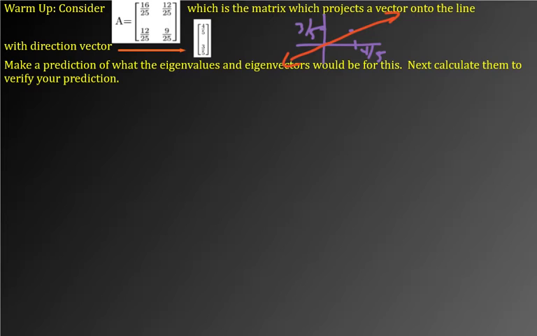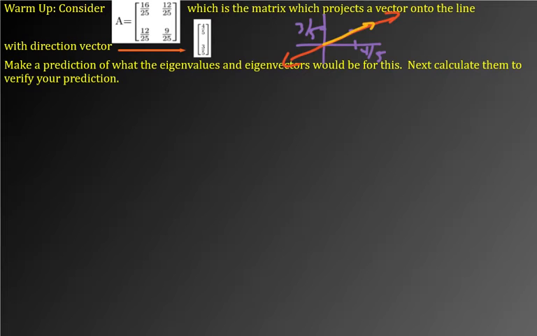If you think about that, the eigenvectors are the vectors that just stay in their span. Certainly anything on the red line would be an eigenvector because it would stay on the line we're projecting onto.